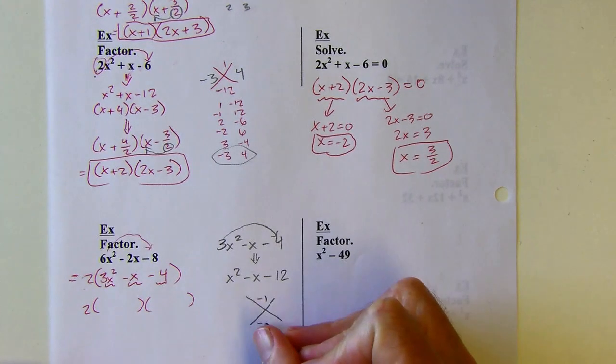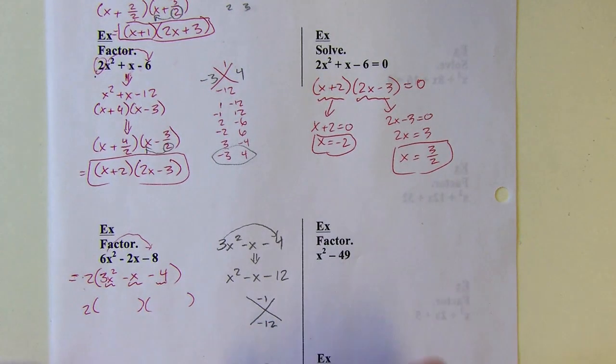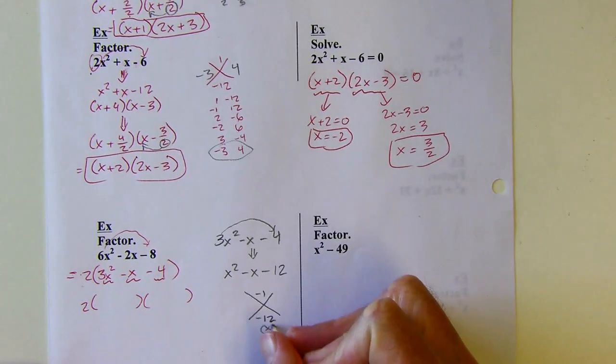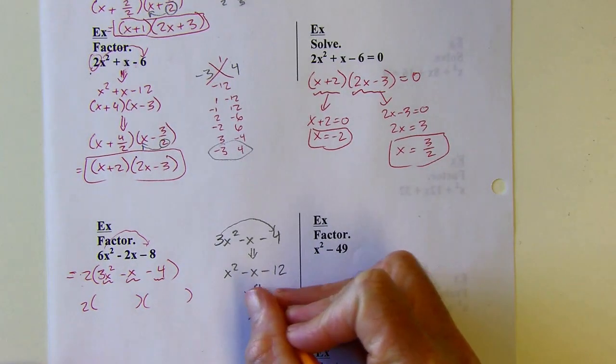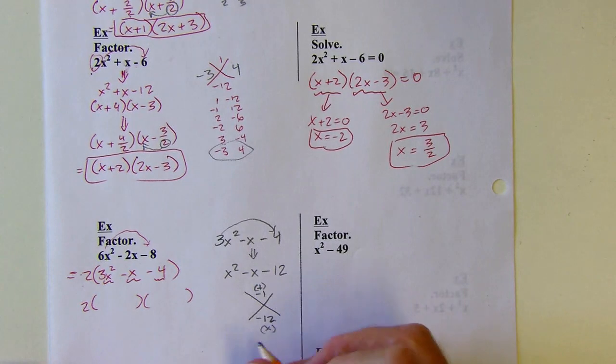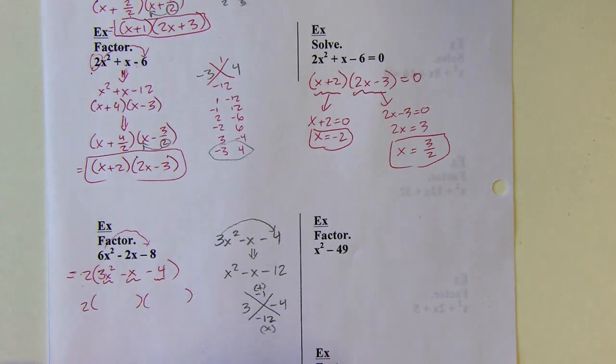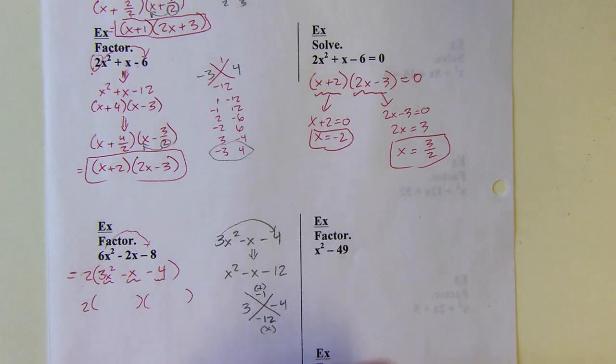Pardon the bell again. Okay, so I'm thinking of ways to multiply to get negative 12, and I want those same two numbers to add to negative 1. So how about 3 and negative 4? 3 and negative 4 is going to be the winning combo. So that means this is going to factor into x plus 3 times x minus 4.